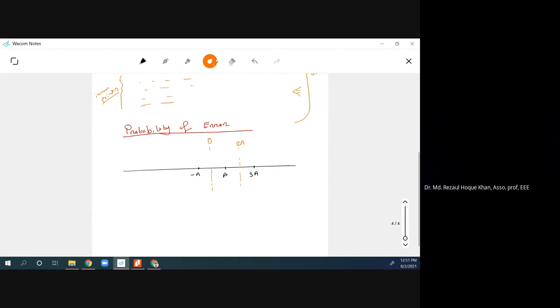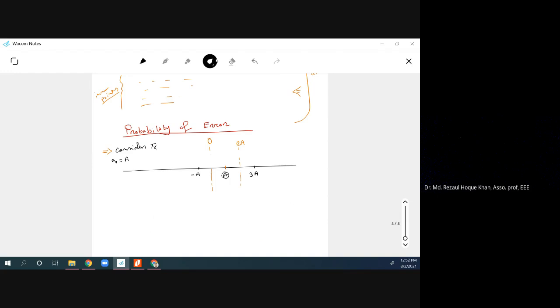Now we will have an example. Okay, we are transmitting a0 equal to a. So consider a transmission a0 equal to a. This is what we transmitted.